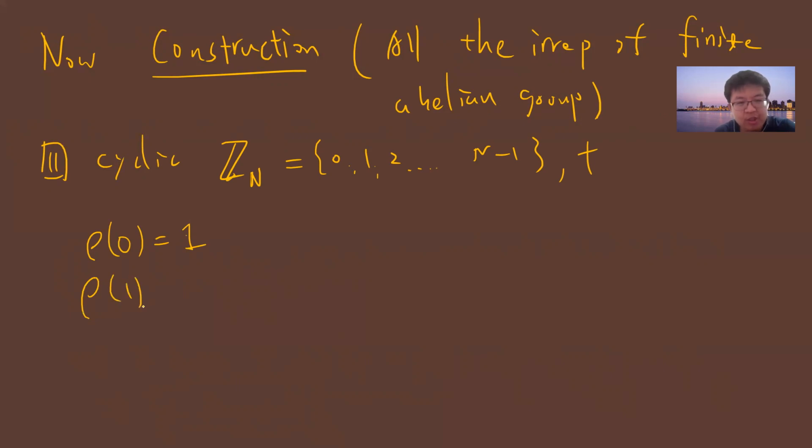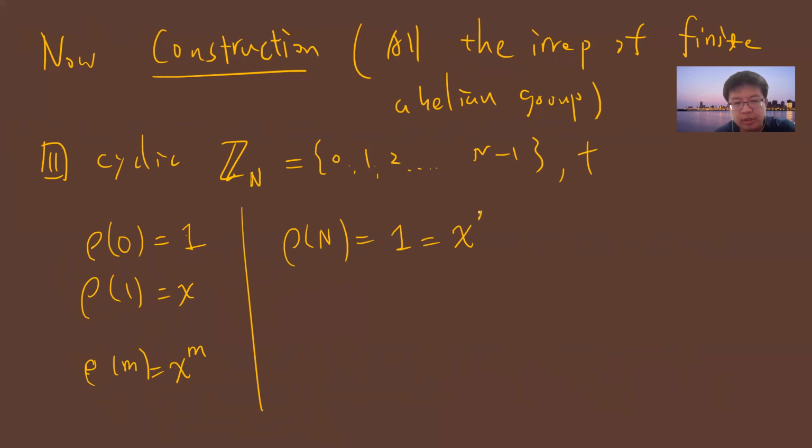How about rho of 1? Once you fix rho of 1, then everything is fixed, because let's say rho of 1 is x, then rho of m will be x to the m, right? But the problem is that rho of n needs to be 1, which tells you that x to the n is 1. So x is an n-th root of unity, so it's exponential 2 pi i k divided by n, where k is 0, 1, 2, up to n-1.